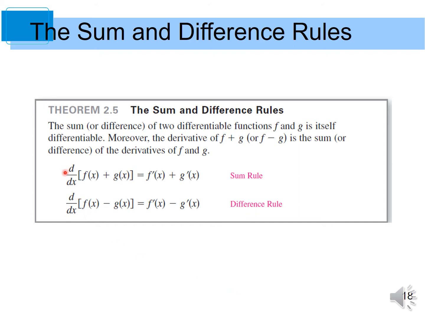For example, the derivative of f(x) plus g(x) with respect to x is equal to f'(x) plus g'(x), meaning that we can straight away differentiate f(x) and g(x) with respect to x. And same for difference.